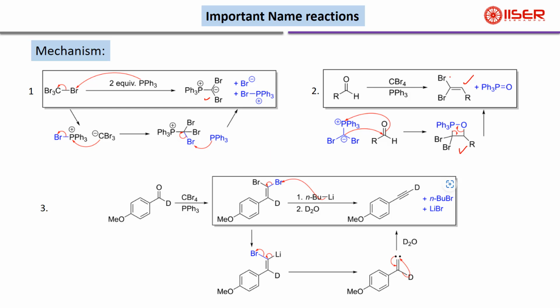Further, if you add butyl lithium, it will attack one of the bromine atoms and it will be eliminated, generating the alkyne in the system. Now, instead of water, if you use a deuterated solvent, deuterium will be incorporated in this triple bond.